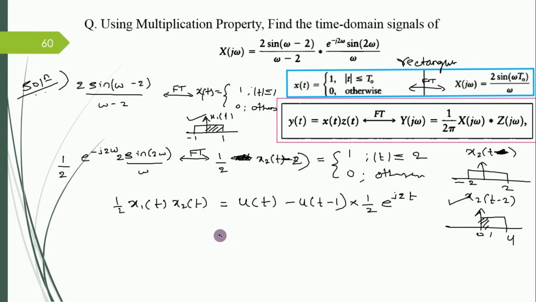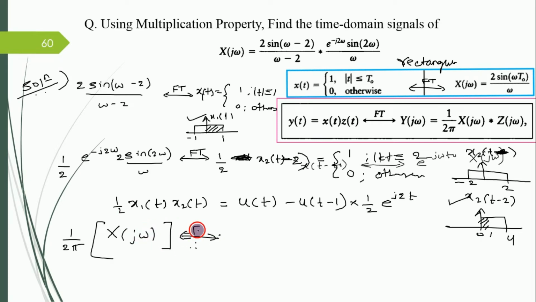Okay, so this is equal to, and you have 1 by 2 pi as well here. So 1 by 2 is already compensated, so hence you will be left with only pi. So therefore I write it here in detail: 1 by 2 pi, this question x of j omega is equal to its FT pair is this 1 by 2 pi.